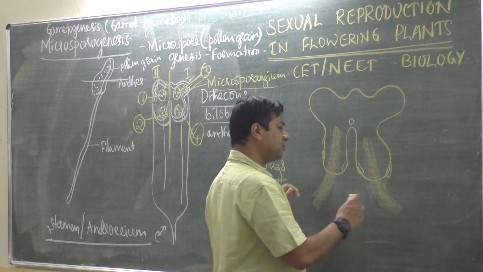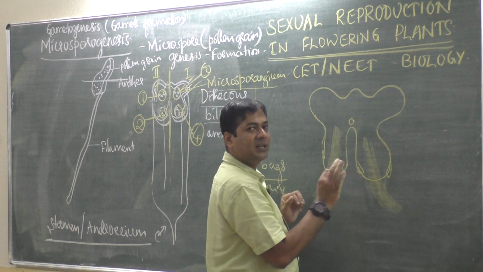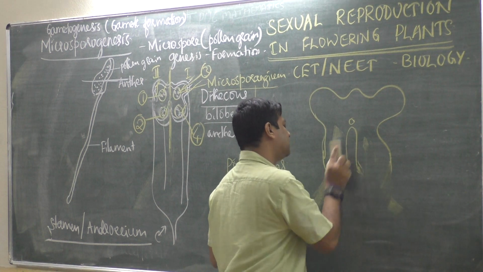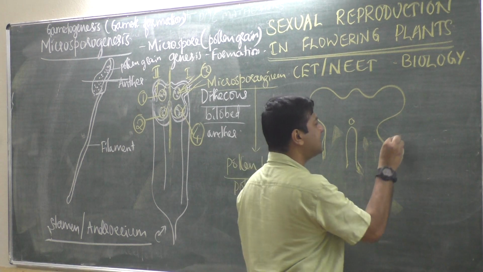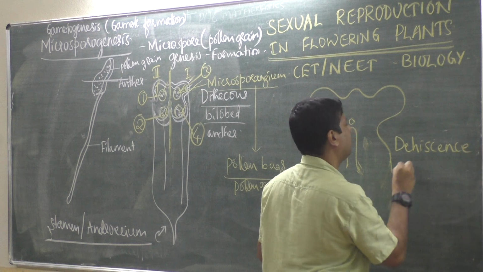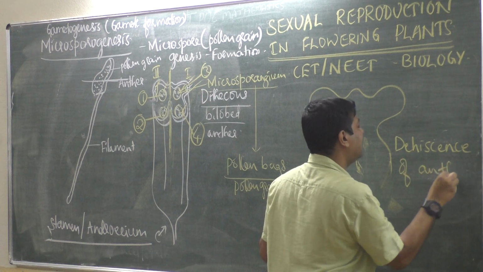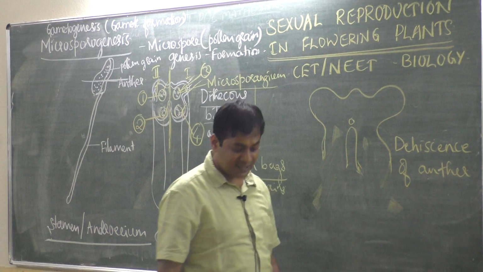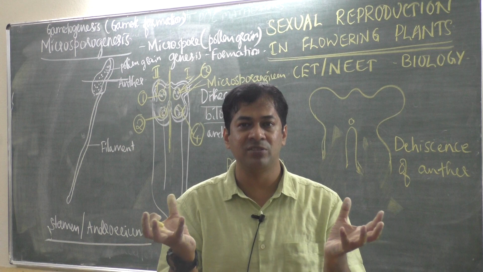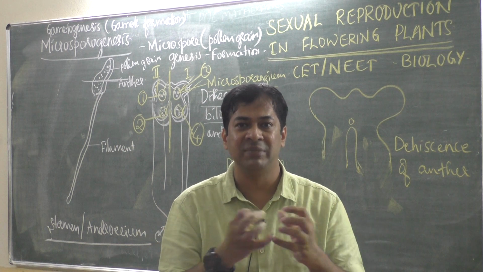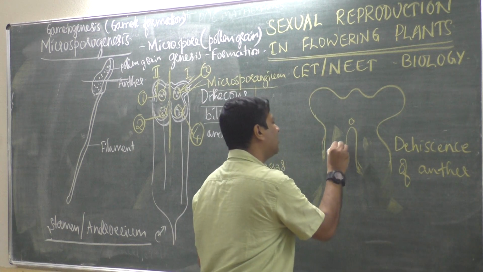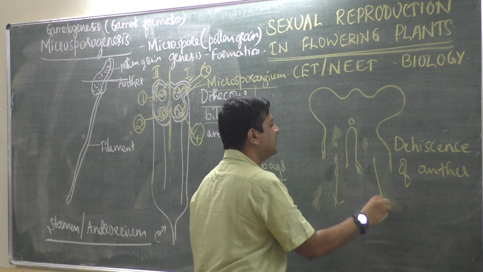Once the pollen grain becomes mature and the outer wall opens, that process is called dehiscence of the anther. Dehisced means broke, or broke open: its wall breaks open and all the pollen grains are released.